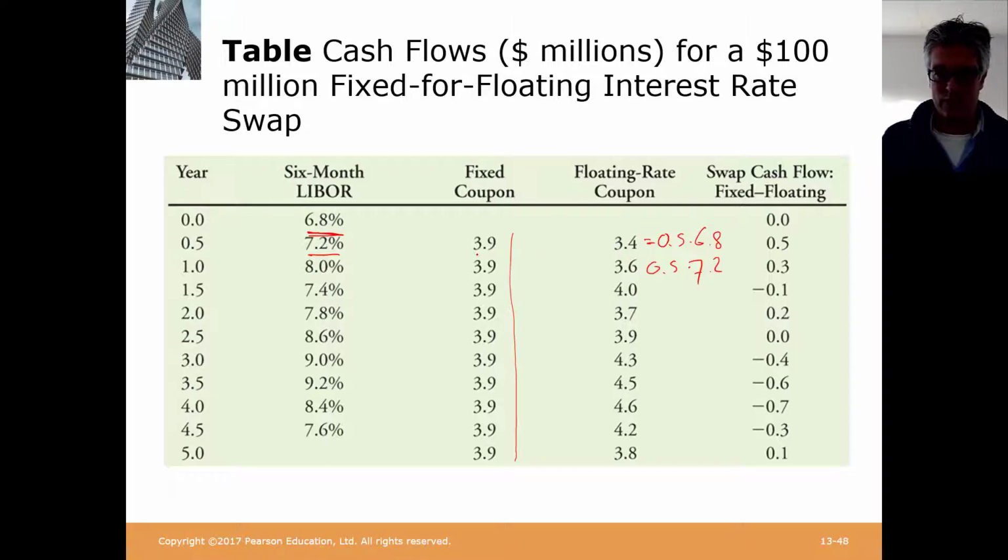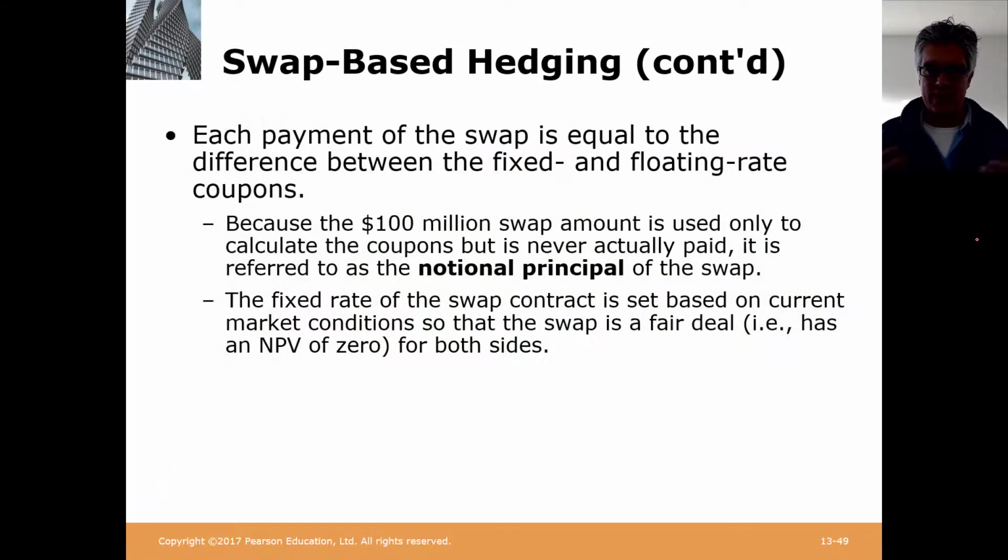So if I'm the person in the contract that said, I'm going to exchange my fixed coupon for your floating rate coupon, then you have to pay them 0.5. You simply pay them the difference. Note that the one thing about these swap-based contracts is that the face value in this contract is never paid. There is an underlying face value that is used to calculate what the interest rate payments are.